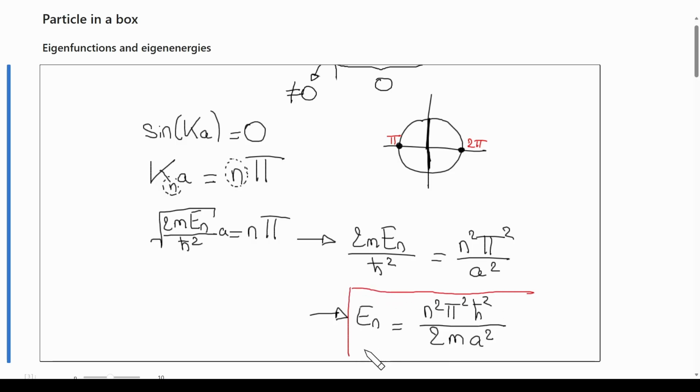And we see that the allowed energies of the particle in the box is not a continuous set of values. Instead, it is a discrete set of values, and that's why we say that the energies are quantized.